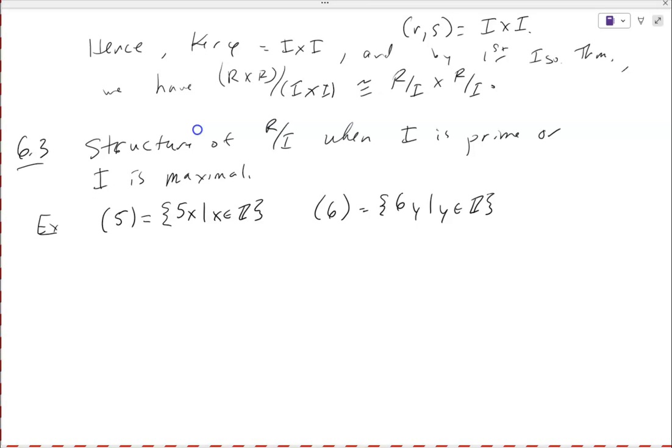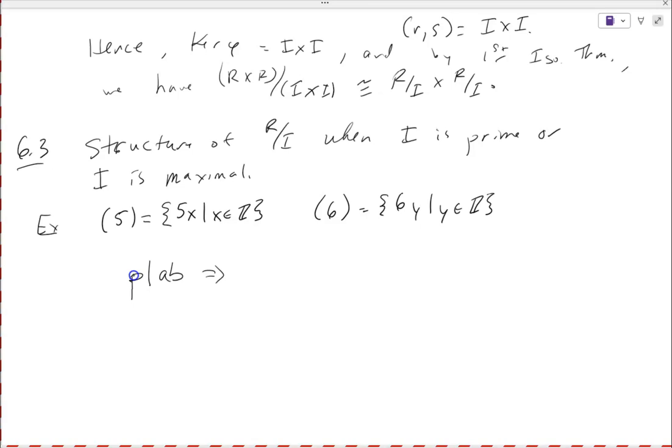Another way to think about something being prime: if I have a prime P that divides a product, what has to be true about the factor P relative to A and B? It has to divide either A or B. Yeah, so it has to divide one of the factors, right?